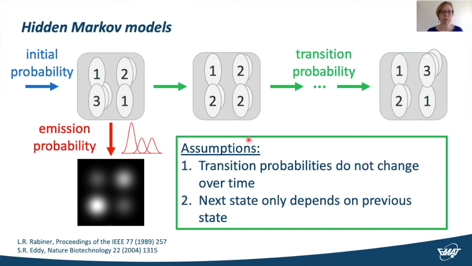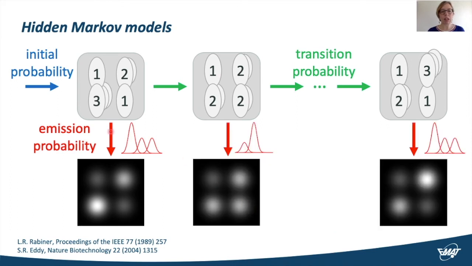Assumptions of the hidden Markov model are that the transition probabilities do not change over time and that the next state only depends on the previous states, but not on the states before that. Using a maximum likelihood estimation algorithm, the initial, emission and transition probabilities are estimated. And in the next step, a so-called Viterbi algorithm is used to indicate the most likely state sequence.